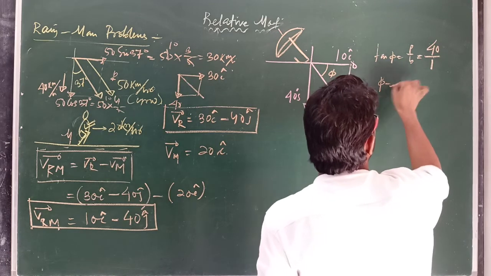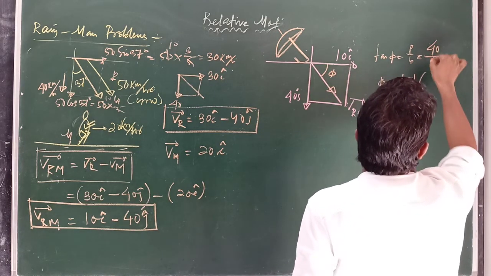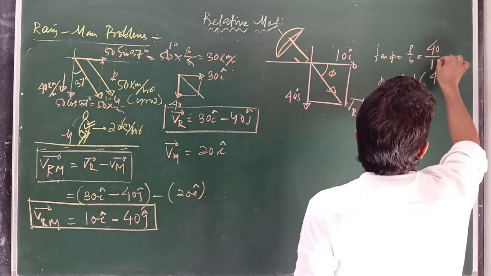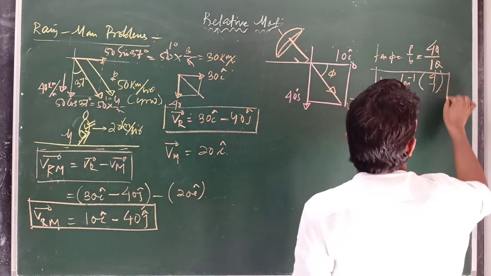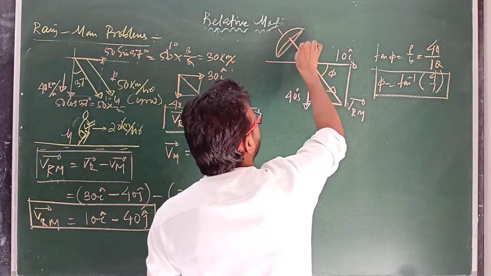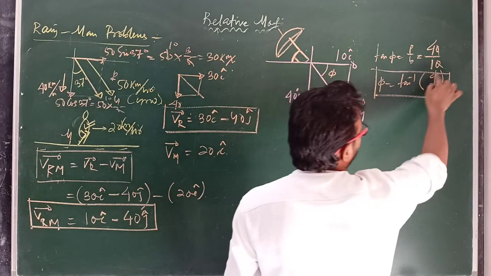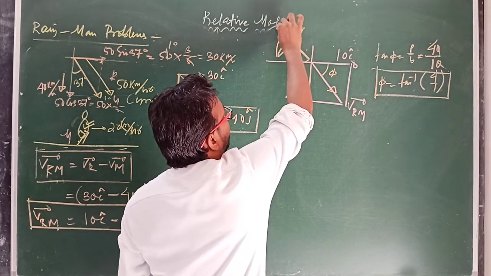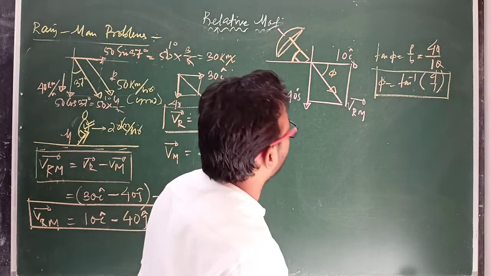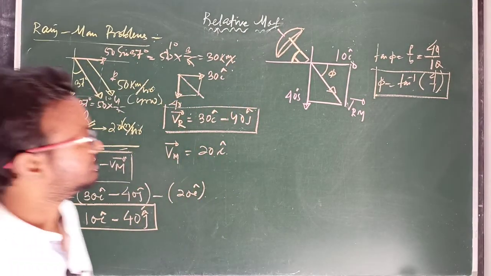Then phi is tan inverse of 4 by 1, this is the final answer. So if the man holds his umbrella in this direction, then he can protect himself from the rain. Clear?